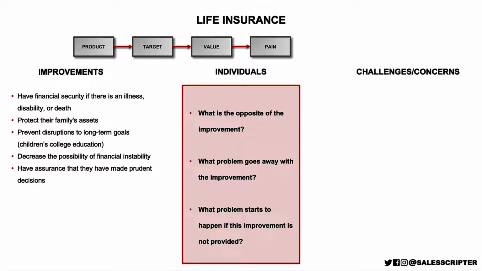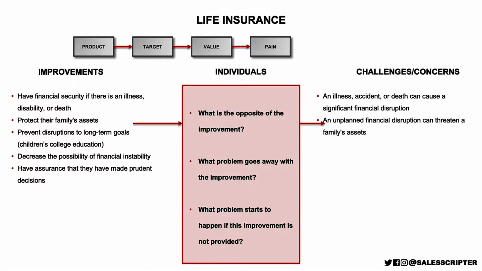And we can go through and just look at each improvement one by one and use that to come up with basically an opposite list of pain points that we can include in our sales script, such as an illness, accident, or death can cause a significant financial disruption to a family or to an individual. An unplanned disruption can threaten a family's assets. A financial disruption can impact future goals and plans.